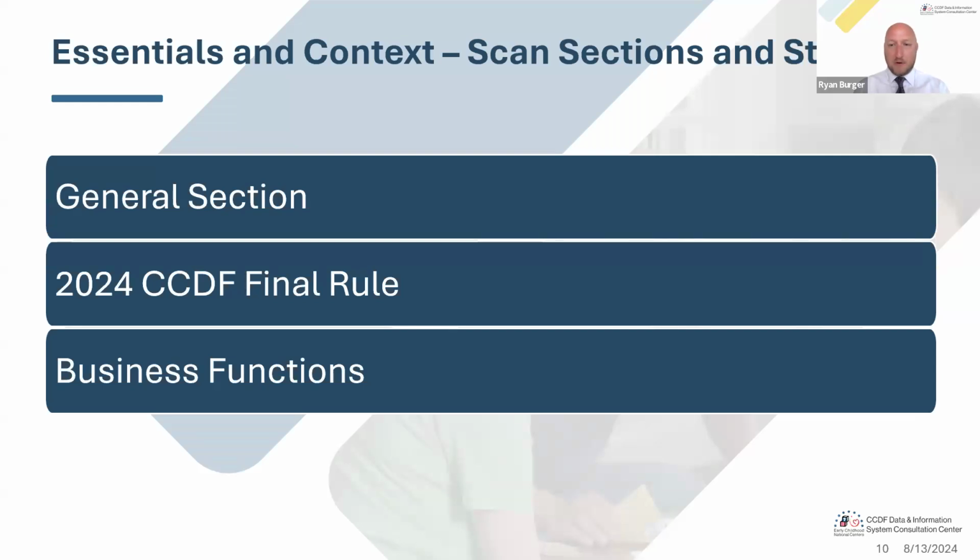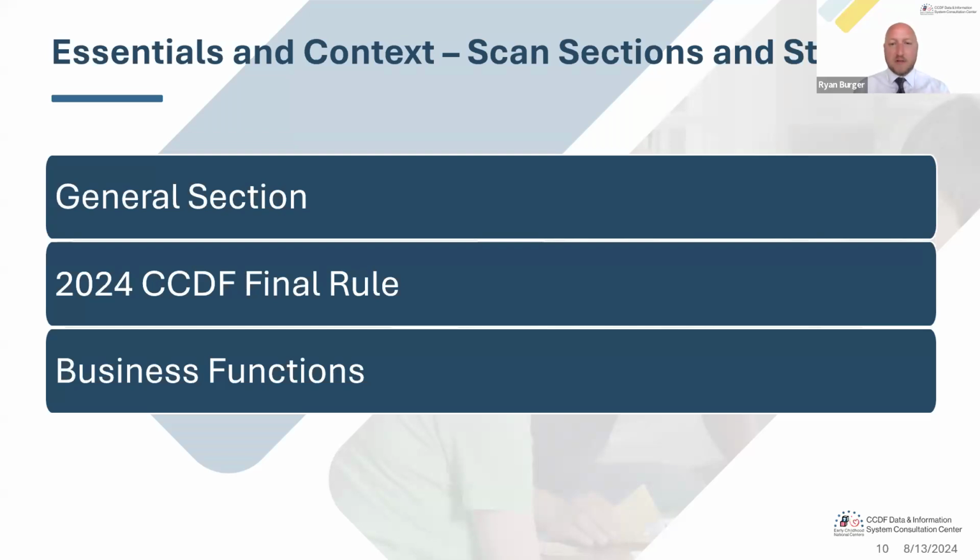If you've had the opportunity to open the CCDF IT environment scan in Qualtrics, you will have seen how the scan is structured, and you'll have started to get a sense of the questions in the scan. The ways in which these systems are developed and deployed are certainly going to look very different across lead agencies and may even look different within the agency, depending on your organizational structure, the number of data and IT systems that are used, and the types of internal or external software development and support that is provided to you.